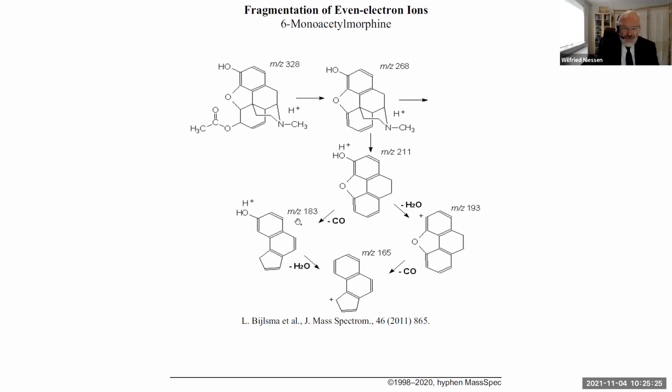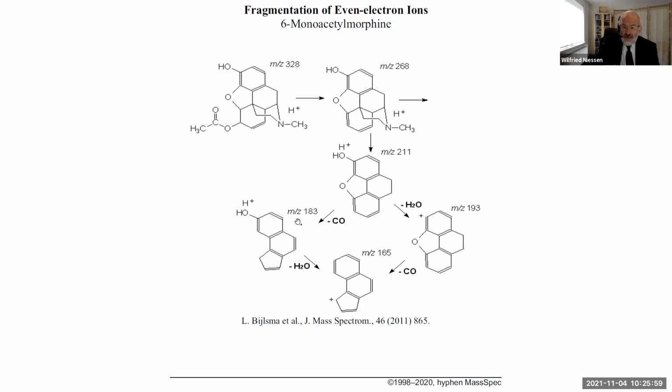I don't have an ion trap spectrum of this compound available, so I can't tell whether you actually see the same fragments as we have here, and that has all to do with the energy you put in the structure, and especially if you start doing MS to the power n, so the higher stages of MS, you sometimes see fragmentation which you will not see in the collision cell CRD.